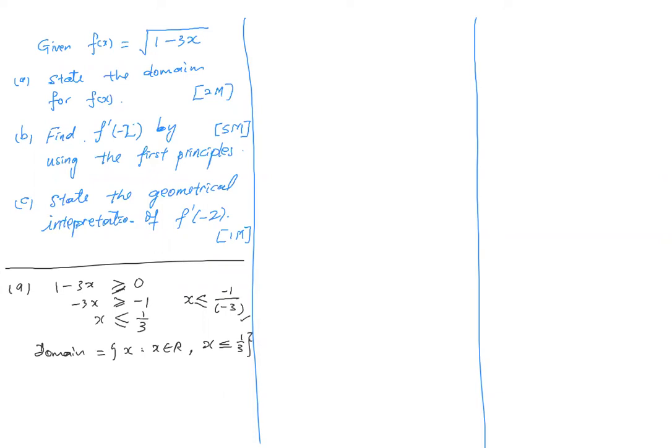Then for this case, when you draw the sign diagram for f(x), so equal to 1/3. Oh, so I'm wrong. So this is your 1/3, and it goes this way, less than.